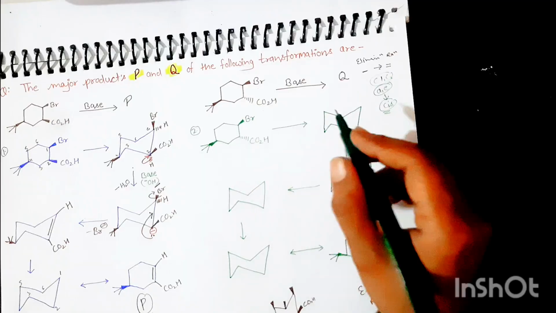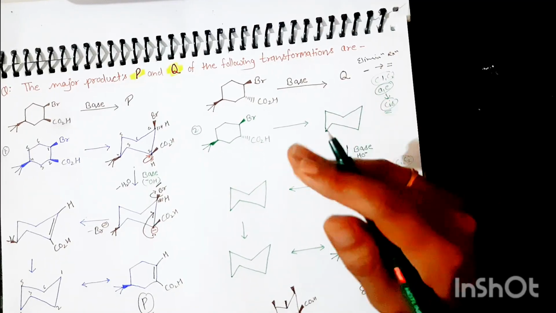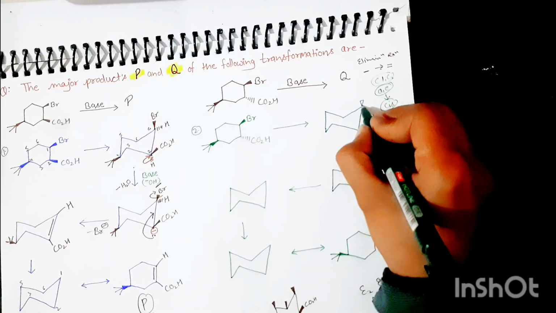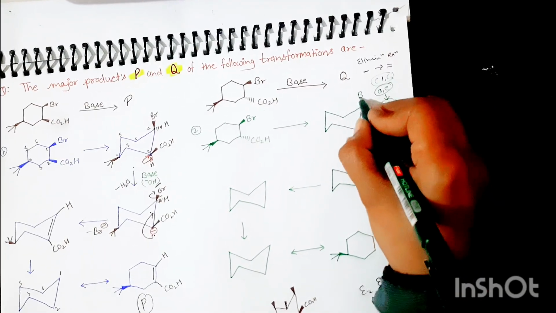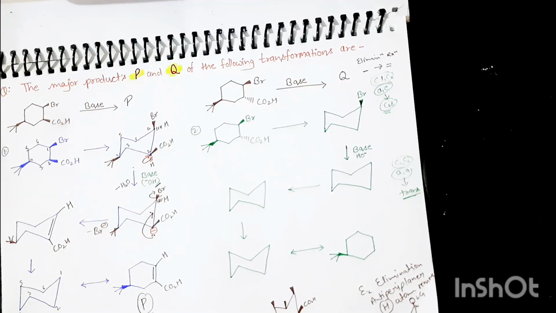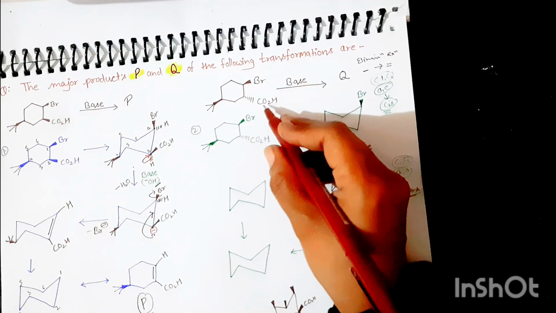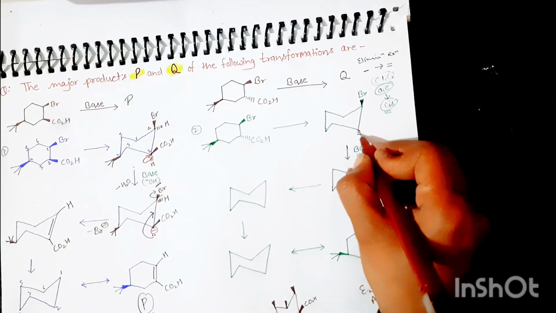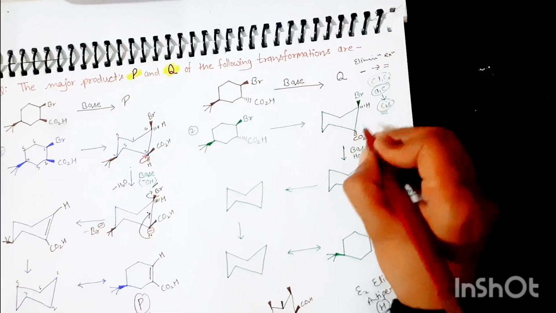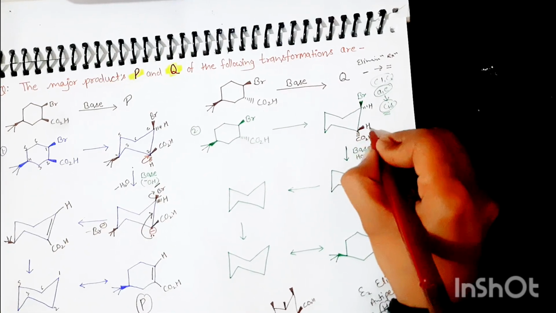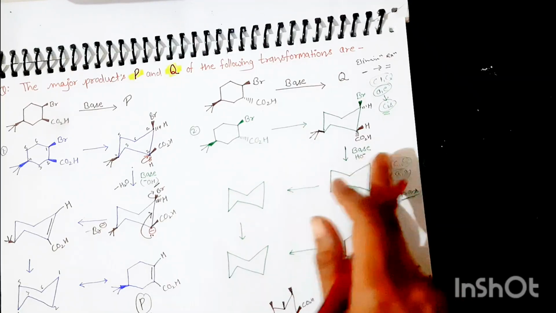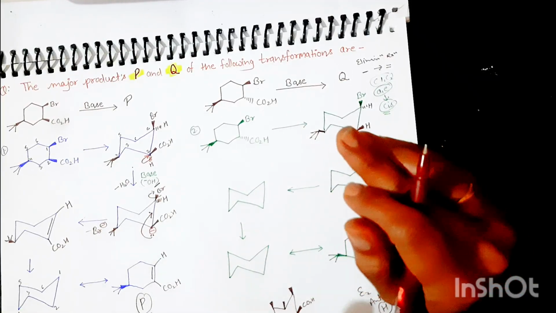So first we draw the chair form of this compound, and we all know upward axial positions are represented by wedge. So here bromine came, and carboxylic acid at the trans position. So at this axial position carboxylic acid came. Here one hydrogen, and at the equatorial position one hydrogen, and at the fourth position one isopropyl group is present, same as in reaction 1.